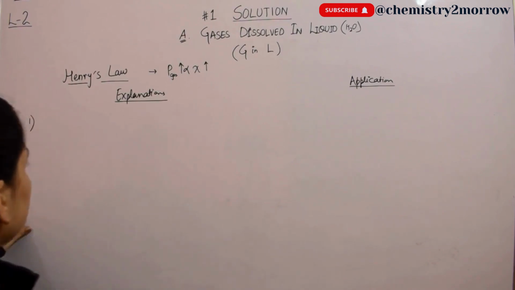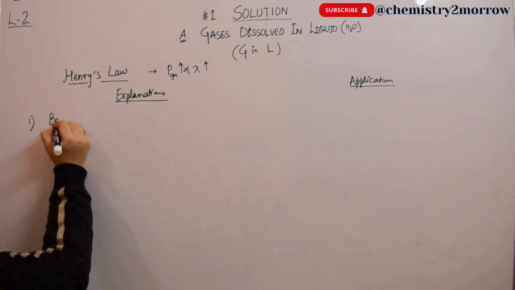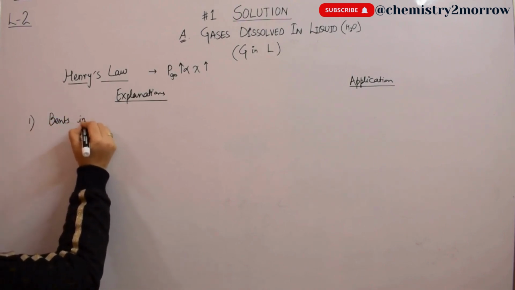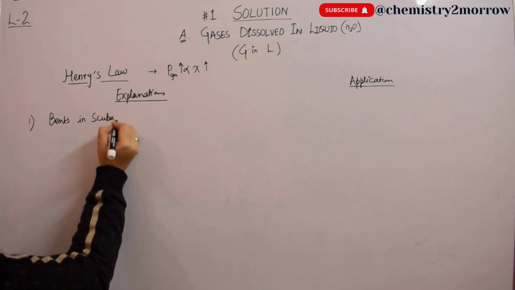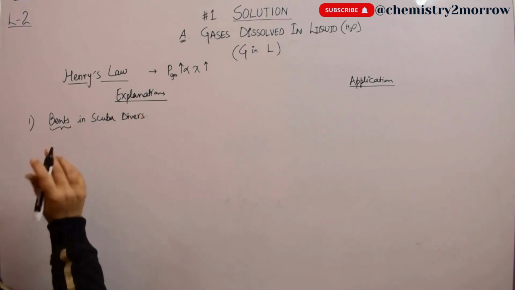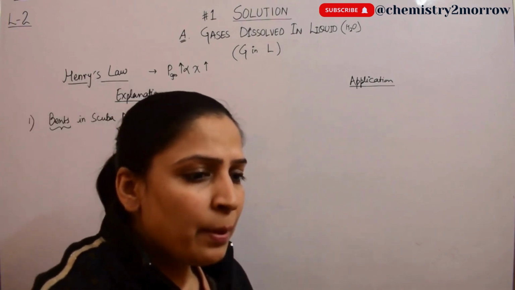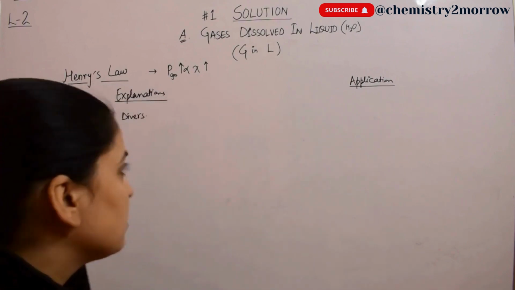So it explains the condition of bends in scuba divers. So what are these bends? These bends are basically kind of cramps or blockage of blood vessels.